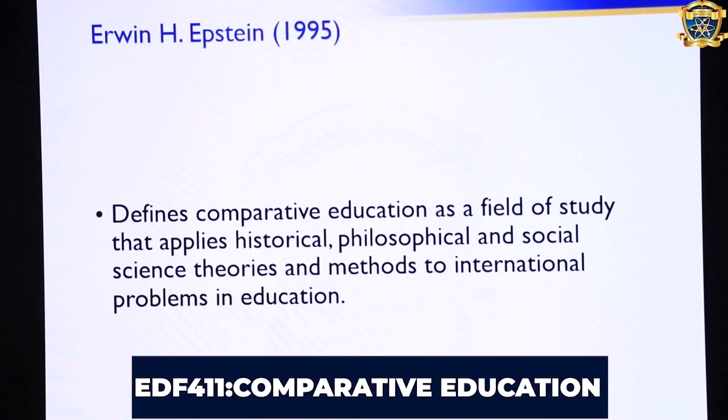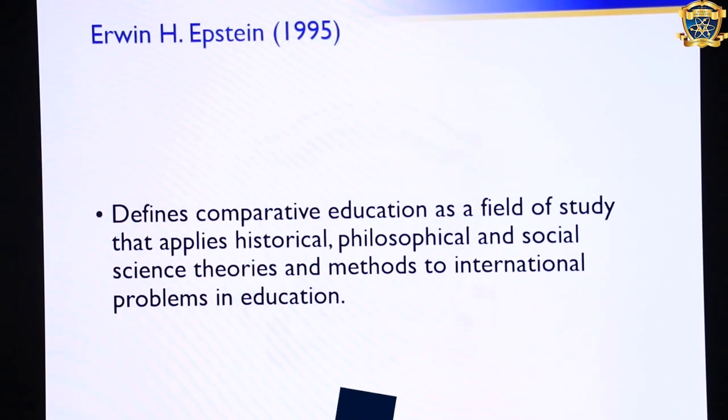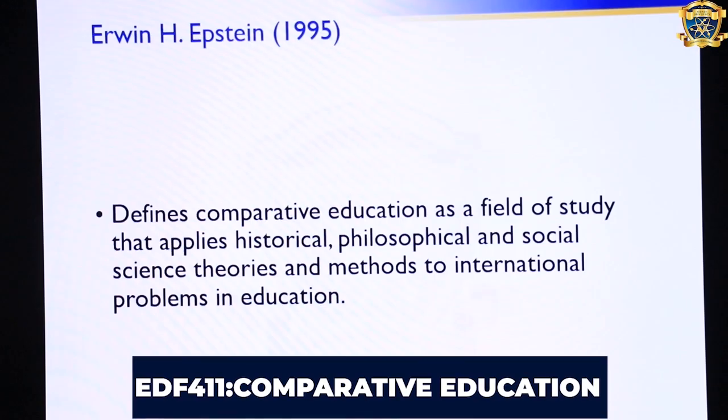Now, the next scholar I want to look at is Owen Epstein, who in 1995 said, comparative education is a field of study that applies historical, philosophical, and social science theories and methodologies to international problems in education.